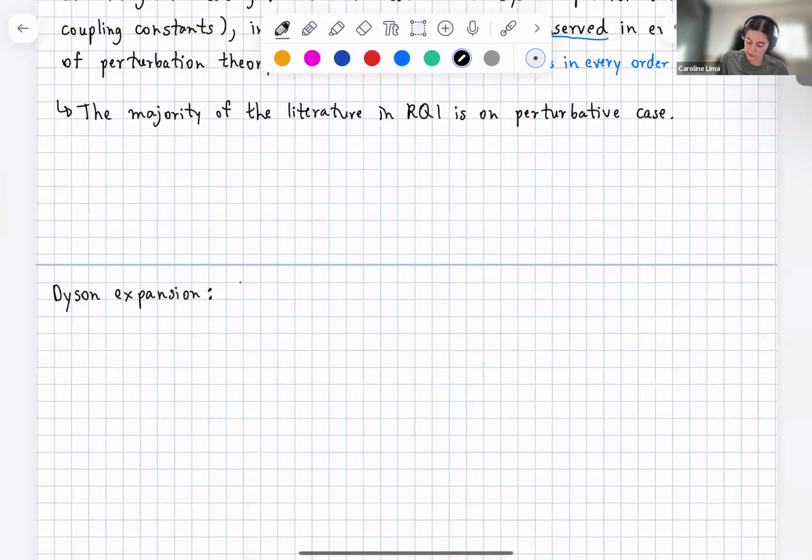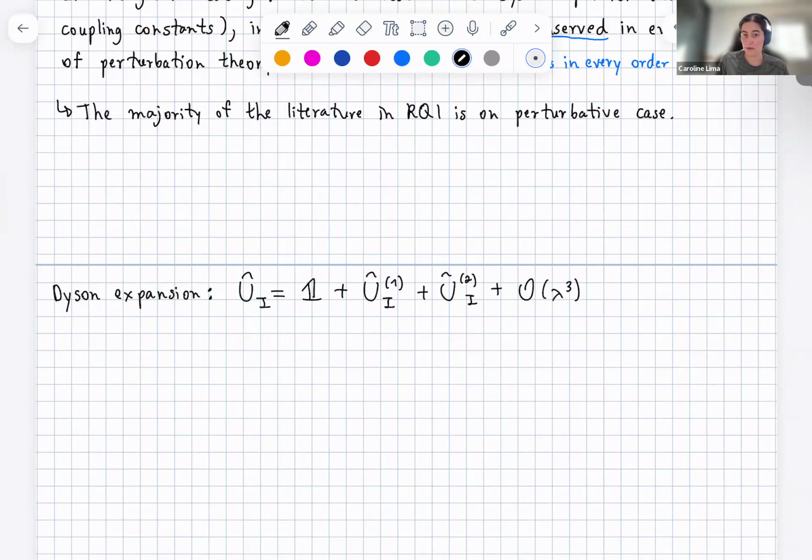The Dyson expansion is going to tell me that this time evolution operator is going to be the identity plus some first order correction, second order correction, and so on and so forth. I'll just go up to second order.